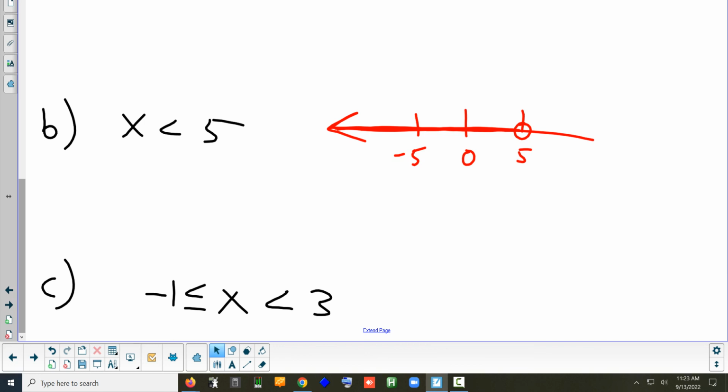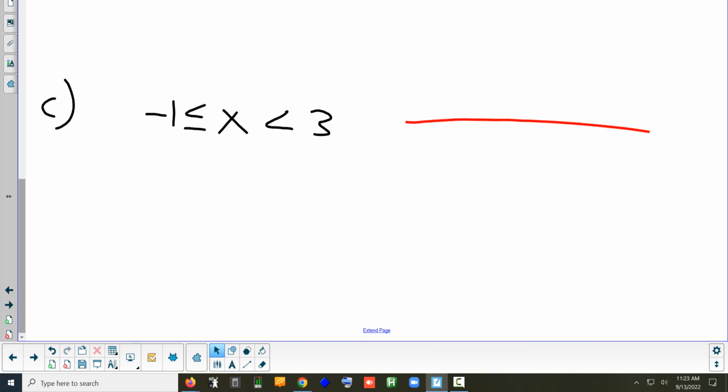Okay, conjunction. What kind of symbol could I use on -1? Could do a closed circle on -1. If we decide to start using circles when we graph it, we're going to stick with circles for the whole problem. So now brackets and parentheses are not something you could use. So we get a closed circle. What else?